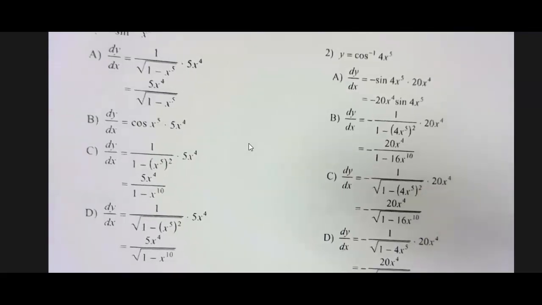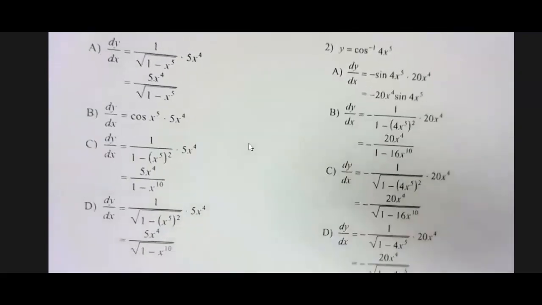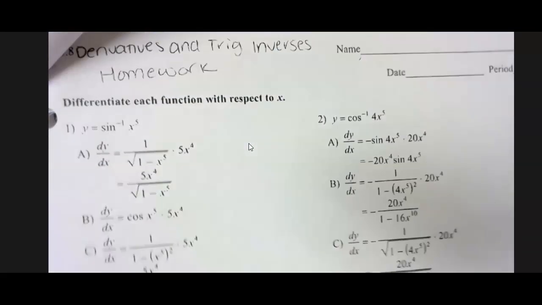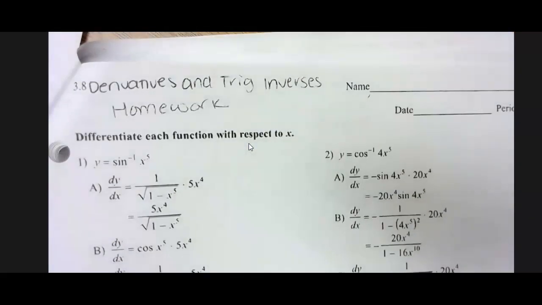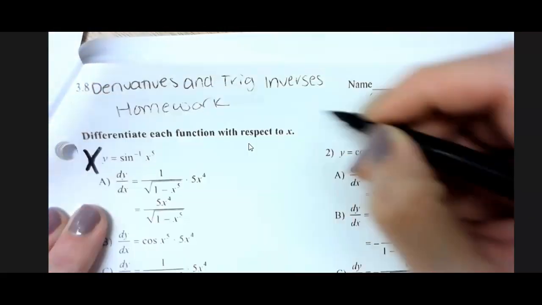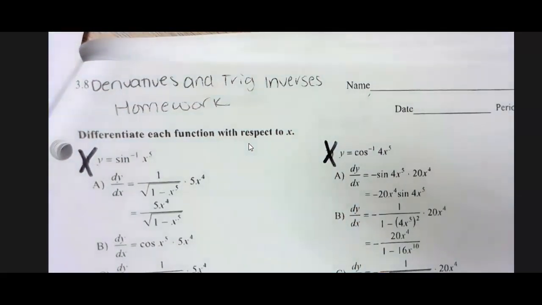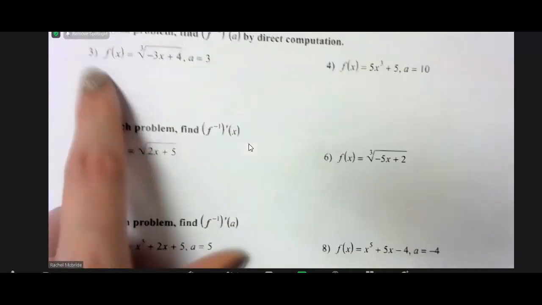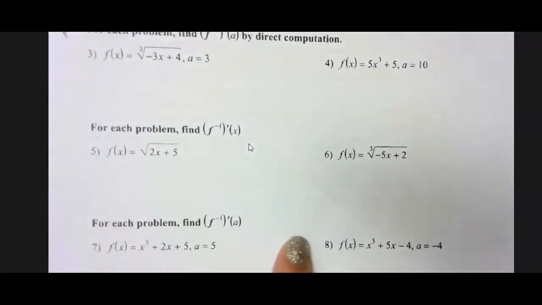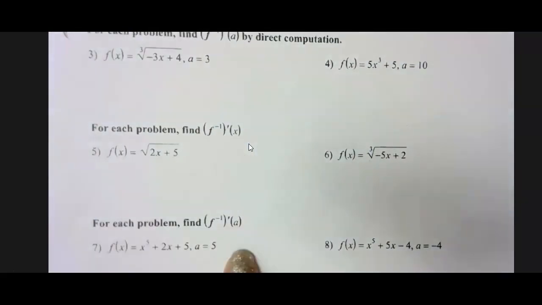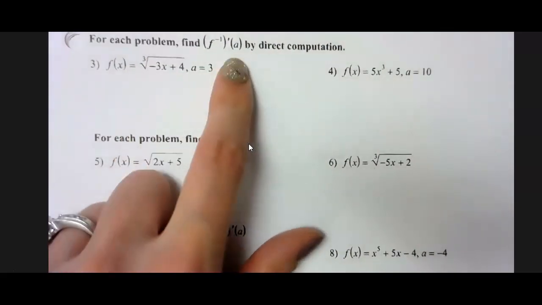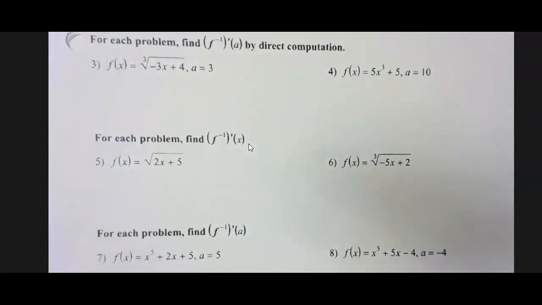Skip those. You don't know how to do those yet. You're doing the remainder, which is finding the trig stuff. So skip 1 and 2, because you don't know how to find the derivative of trig yet. Sorry. I thought I cropped those off. You do, however, know how to do 3, 4, 5, and 6. Those are the old inverse derivatives using our formula.